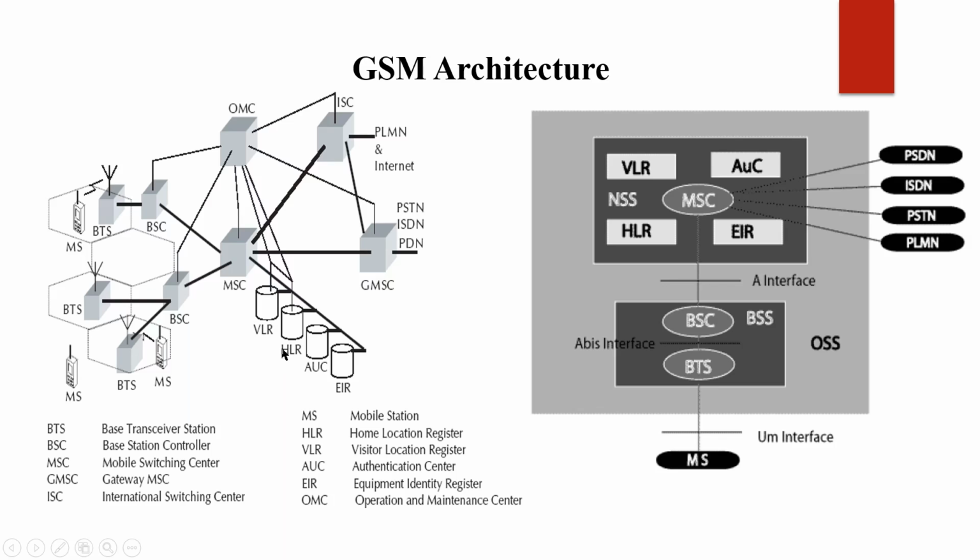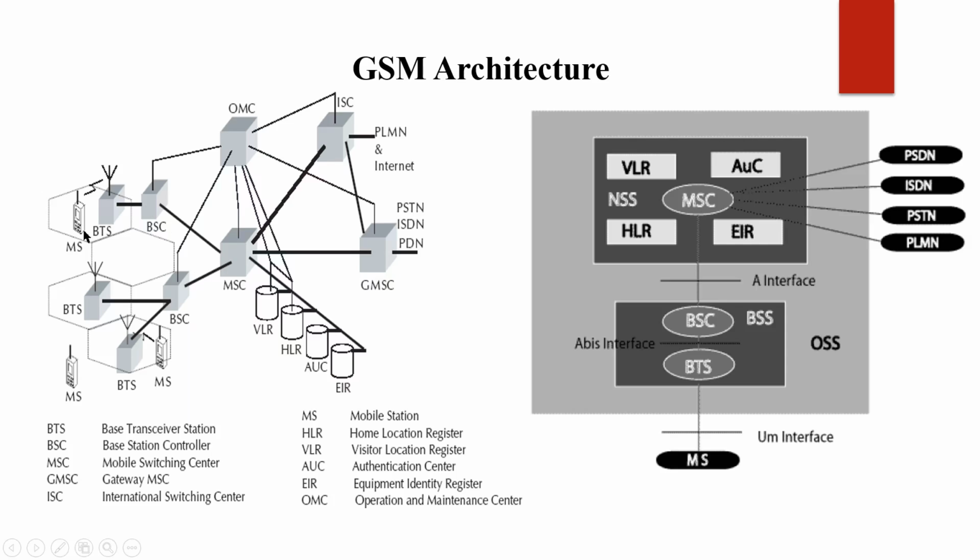VLR and HLR are the databases used to store static data and dynamic data. For example, authentication center and equipment identity register are used to identify your mobile device systems and other things. Gateways are there for communication between the various cellular networks and the line or public switched telephone network. So gateways are useful over here. So this is all about your architecture.